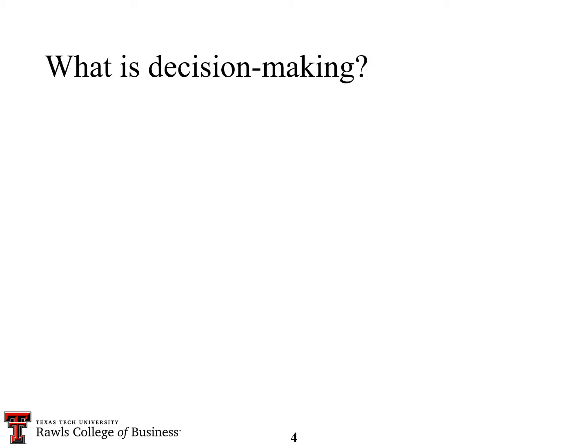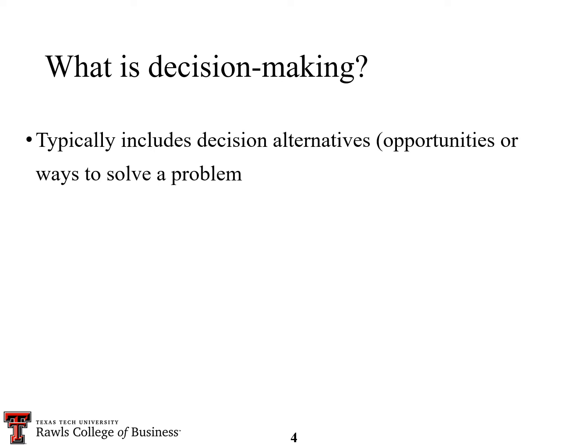So what is decision making? Whenever we think of decision making, we typically think about where we have a choice between one or two different options. Usually we can say, okay, yes, we're going to make this decision, or we're not. We're going to follow through with going this route to work, or we can choose a different route.